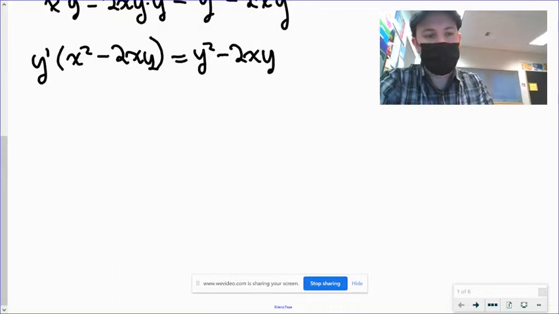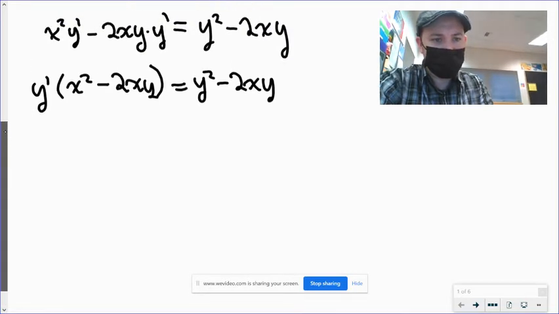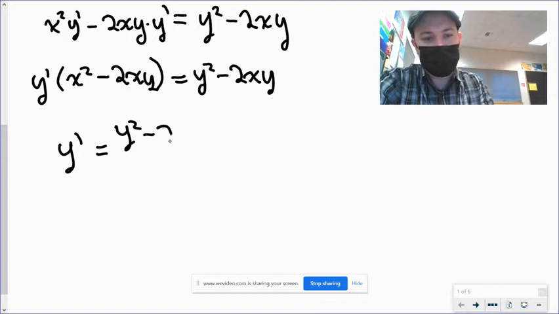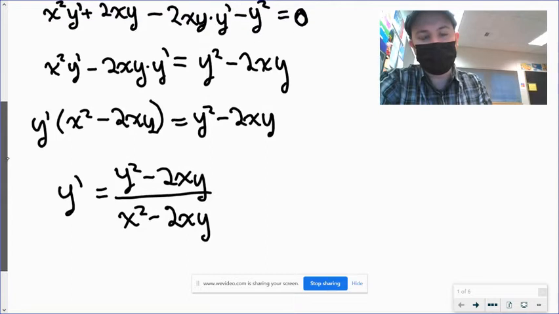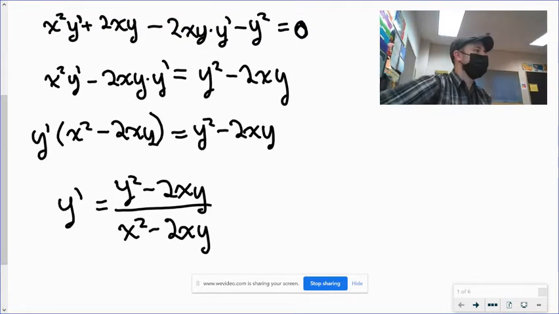If I divide through by my coefficient, I get y prime is equal to y squared minus 2xy over x squared minus 2xy. So there you have it. We've defined y prime in terms of y and x only.